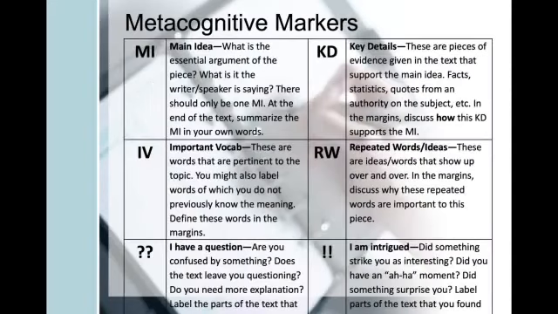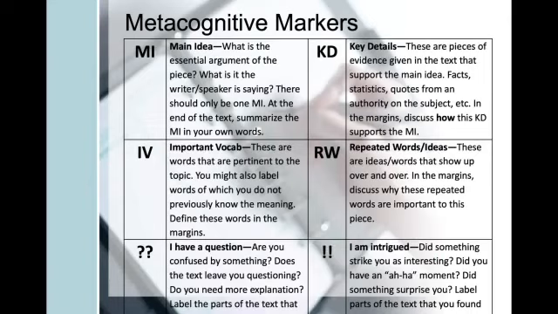So when we start annotating and we start looking at how we put notes down in our nonfiction texts, a lot of times people will use what are called metacognitive markers. That way you can come back and take a look at your notes and easily figure out what parts are which.